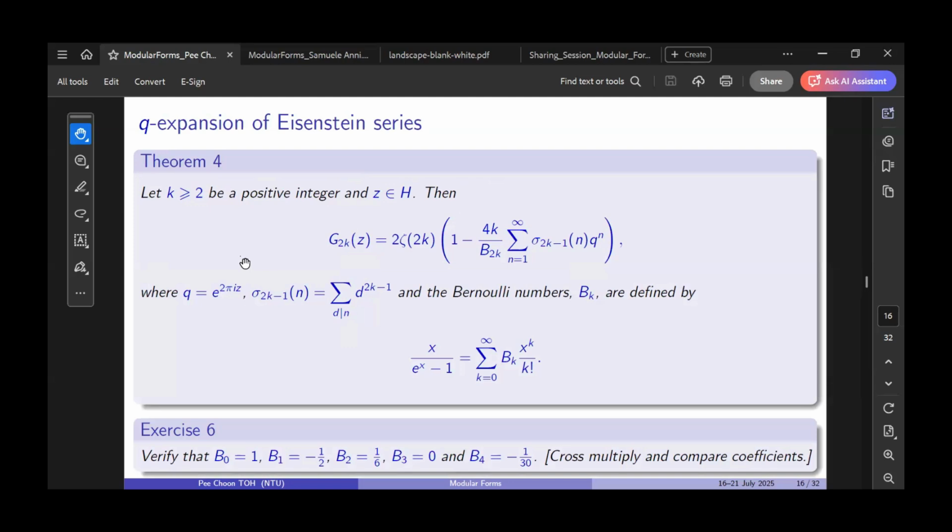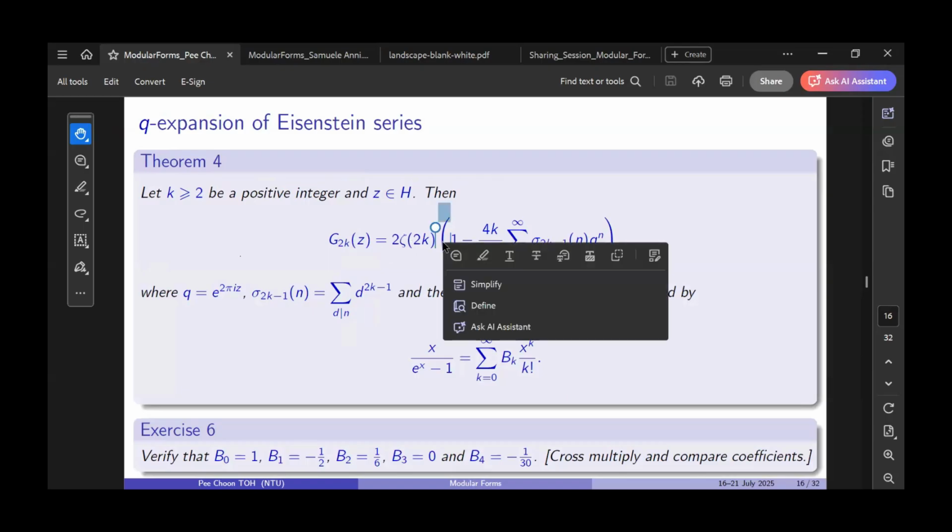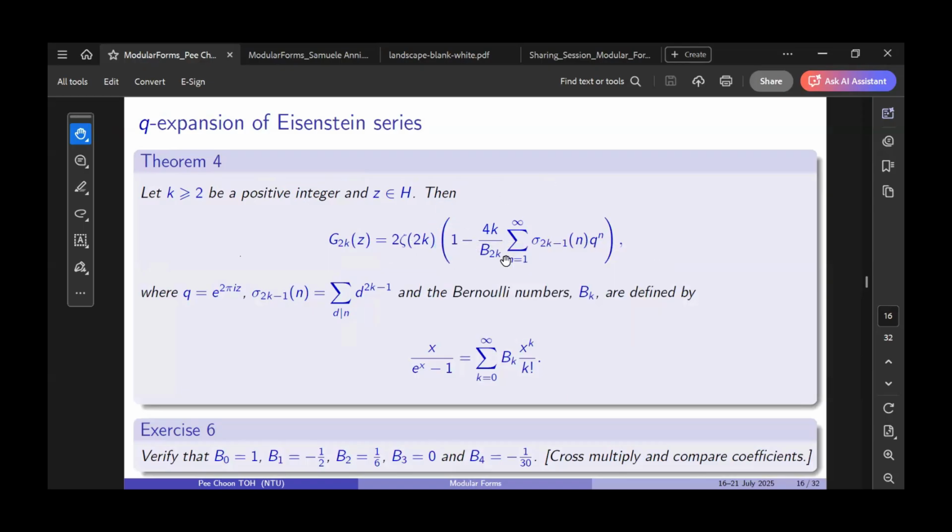So G_2k(z) is equal to 2 times zeta(2k) times 1 minus 4k per B_2k times the sum of sigma_{2k-1}(n) q^n, something like this. Where q is the same as what we used in the previous modular function.